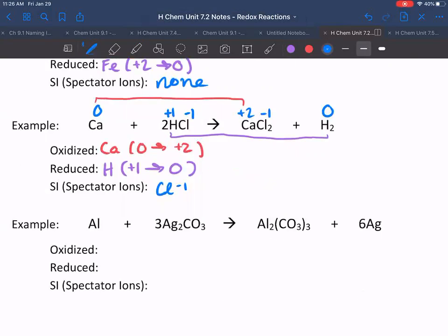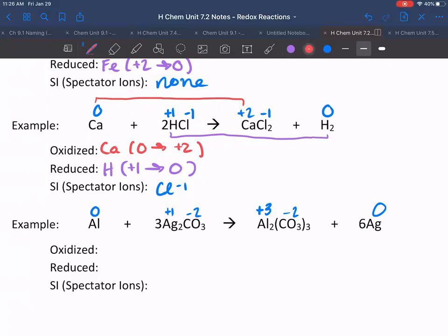And one more example here. Aluminum is 0. I don't think we figured out the charges for this one yet. All right, this is a new one. Carbonate forms a -2 charge, meaning that each silver has to be +1. Over on the right side, if each carbonate is -2, there's 3 of them, so overall -6, that means aluminum has to be +3, and then 0.